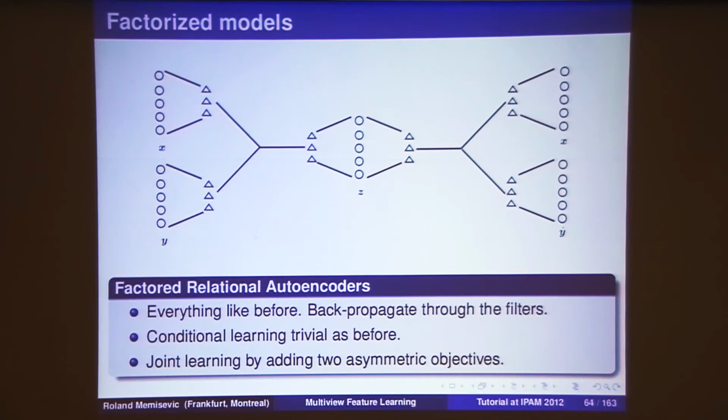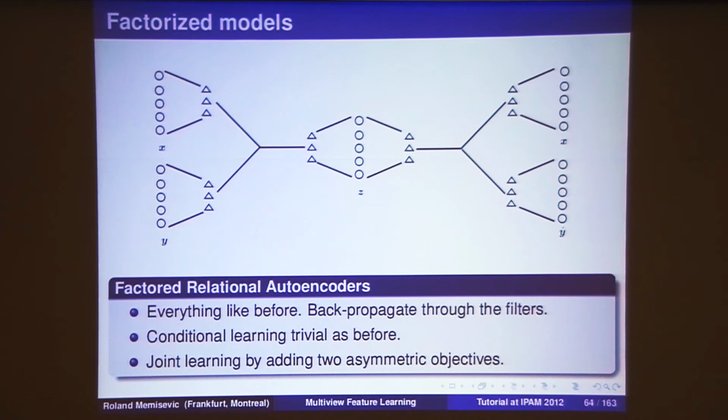Okay, so you can do that to the RBM. You can do the same thing for the autoencoder. And the autoencoder, the whole model gets somewhat simpler, even though it looks more complicated. You take your autoencoder, which tries to encode y, say, and now you have to make sure that all the parameters in here are gated. But before doing the gating, you project both y and x onto filters. So this is what the model looks like.